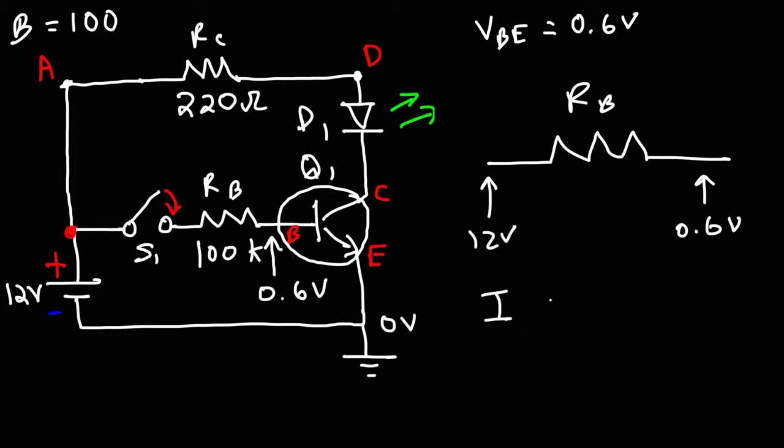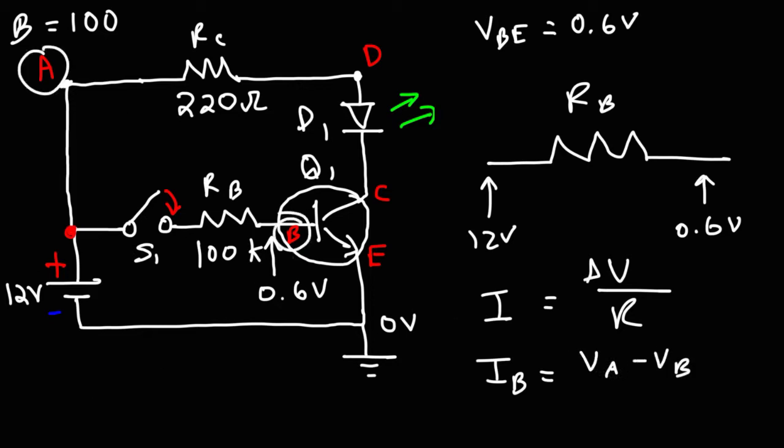According to Ohm's law, the current flowing through a resistor is the voltage across that resistor divided by the resistance. So in this case, IB is going to be the voltage across the resistor, which is VA minus VB, the difference between the potential at A and the potential at B, divided by RB.